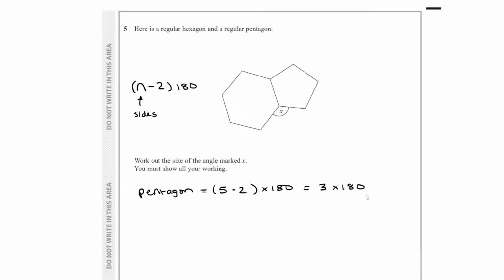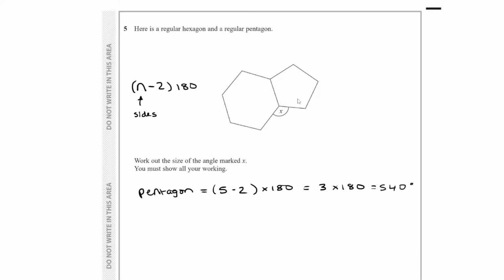So you can either multiply it or you can add it, however you want to work it out without a calculator. I know that 2 times 180 is 360, and then you can just add like another 100, which is 460, add another 80, which is 540. However you want to work it out, the calculation, that's up to you. So in any pentagon, whether it's regular or not, any 5-sided shape has 540 degrees.